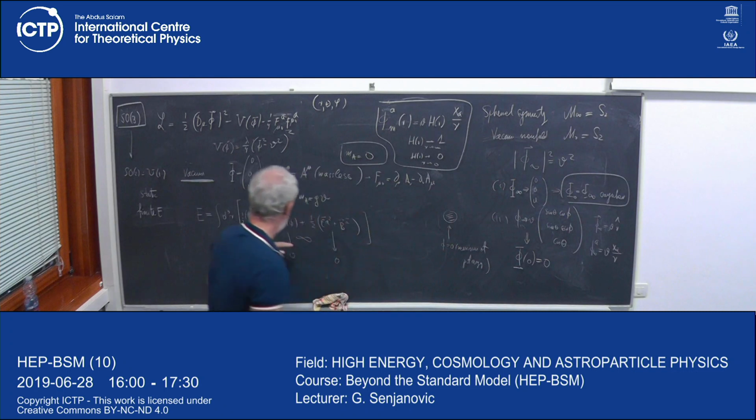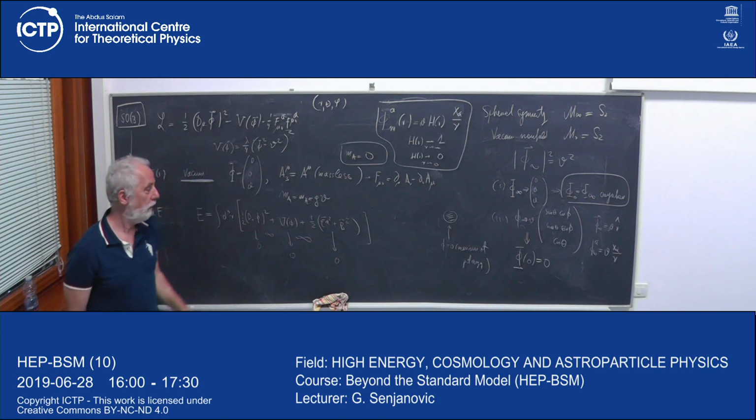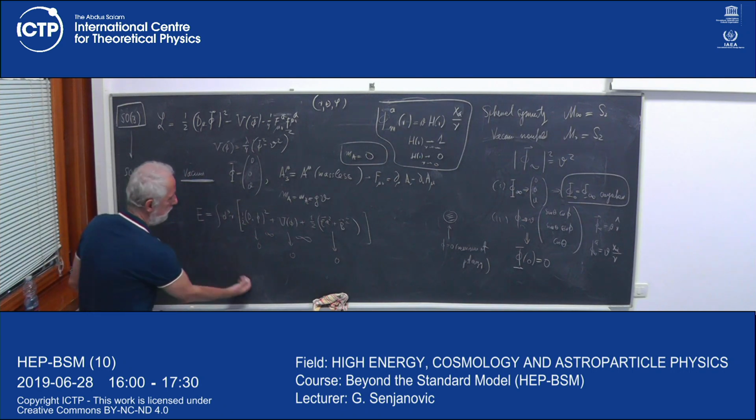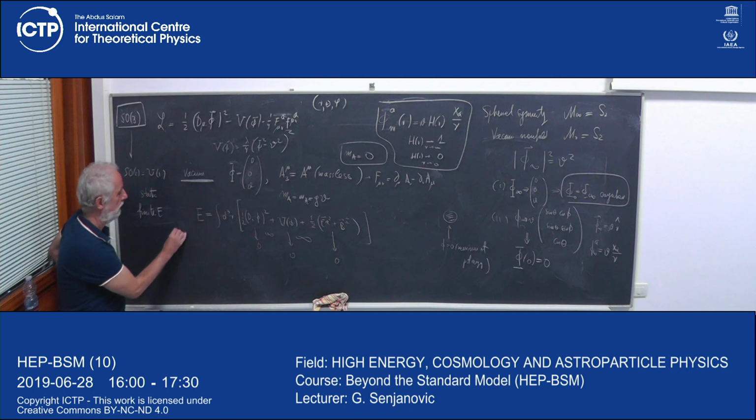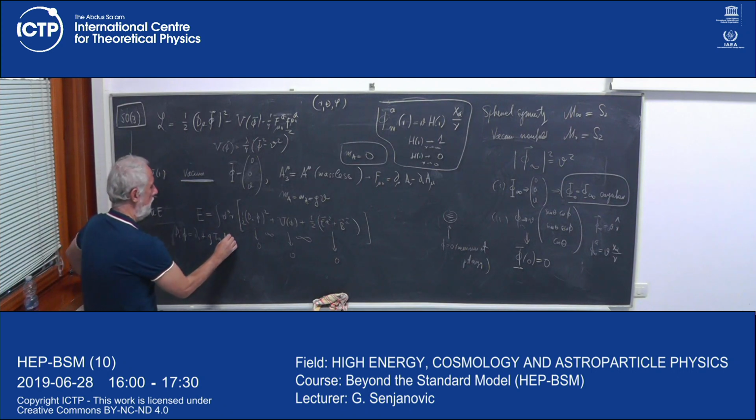But notice here that A cannot be trivial, do you agree? So tell me how A will go. What is D_i phi? Let's write D_i phi is D_i plus g T^a A^a_i acting on phi, right?